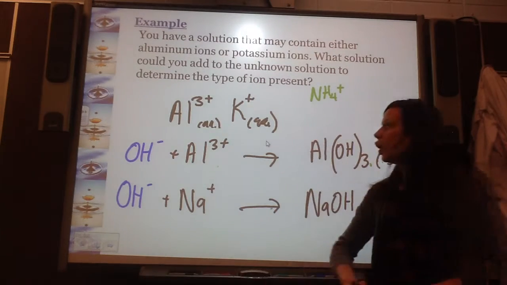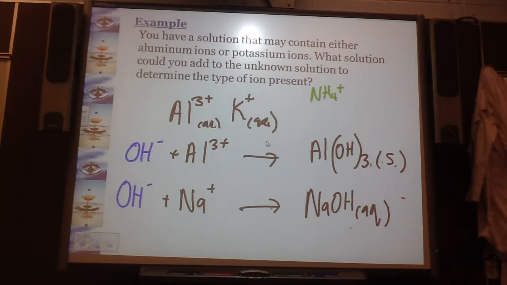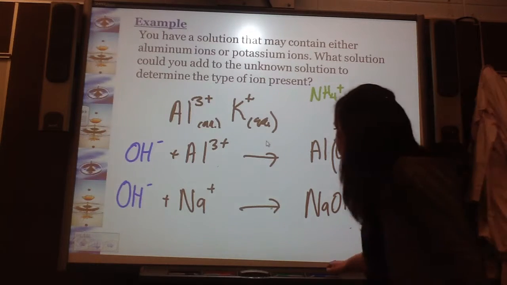If you took a solution that had OH minus ions in it, it doesn't really matter what type of solution it is, as long as the other ion can act as a spectator. Okay? So you would need a solution that contains hydroxide ions as your answer.